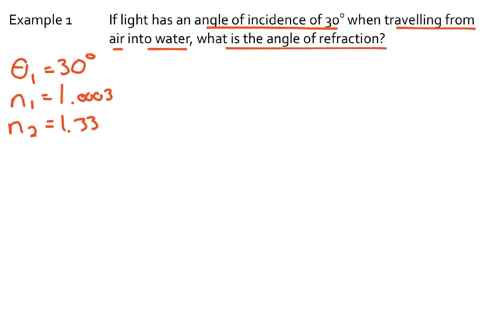What is the angle of refraction? So theta 2 is our unknown. Going to the formula for light transitioning between two different media, N1 sine theta 1 equals N2 sine theta 2.